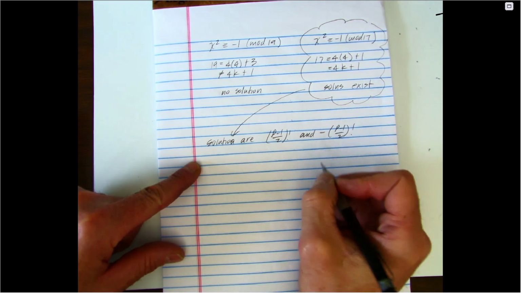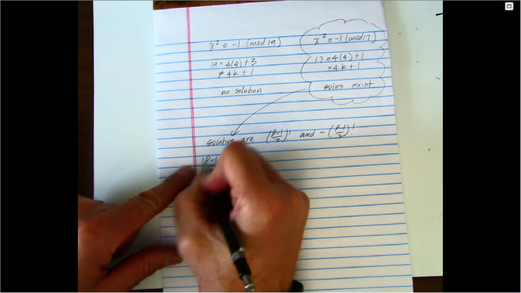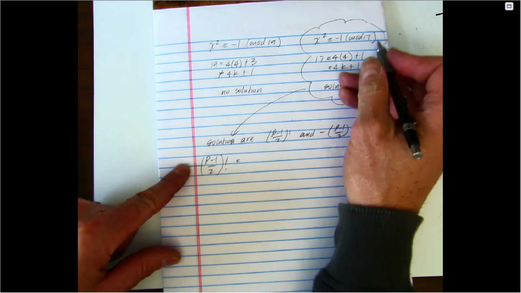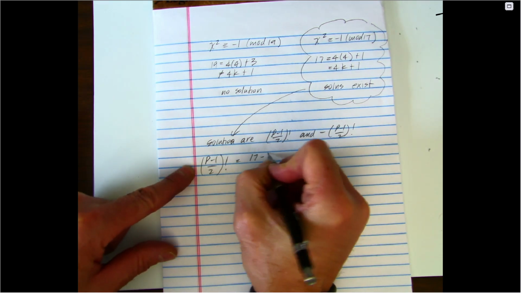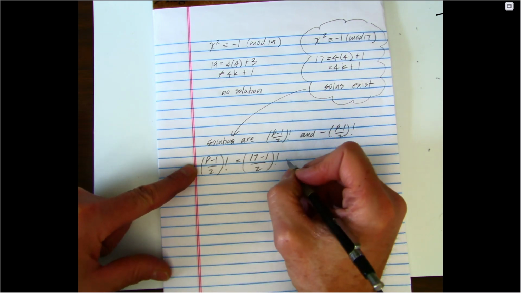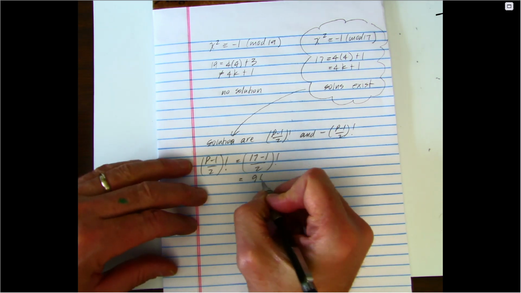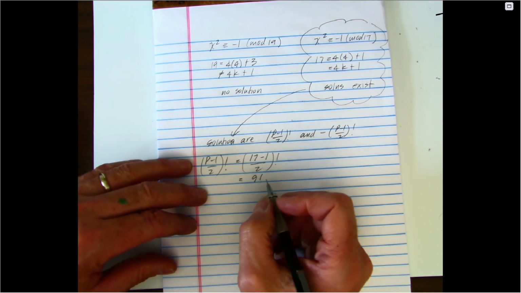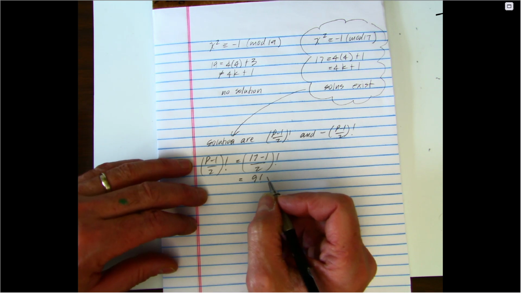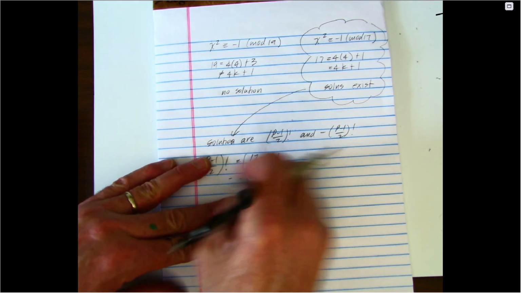So let's just find the first one. P minus 1 over 2 factorial would be 17 minus 1 over 2 factorial. So that's 16 divided by 2, 8 factorial. Good thing I looked at my notes there.